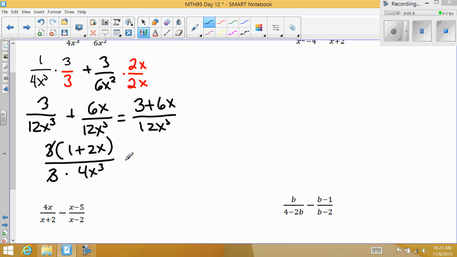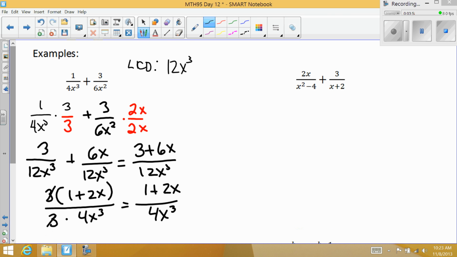Those 3's can cancel, leaving us with 1 plus 2x over 4x cubed. We cannot reduce between the 2x and the 4x cubed because the 2x is a term. And we can't cancel terms, we can only cancel factors. It's only if we can factor something out of the entire numerator and out of the entire denominator, like we did here, that we can do the reducing.